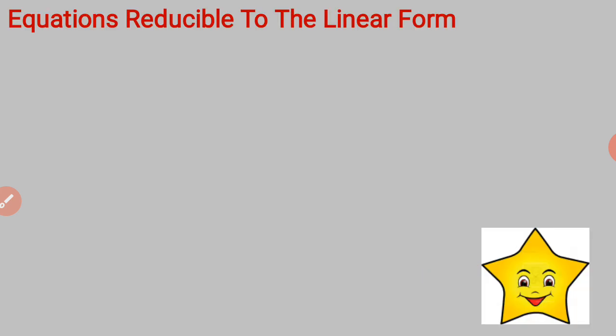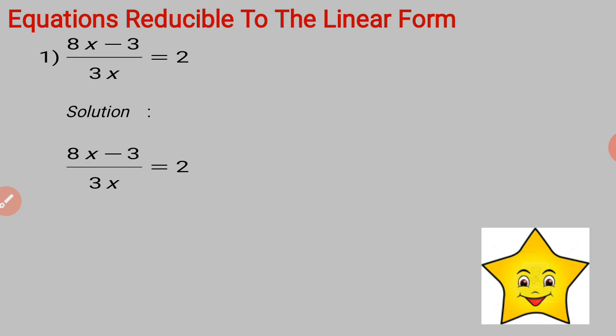Here the equations are said to be reducible to linear form. Now let us see what equations reducible to linear form are, with an example. The example is the first example itself.